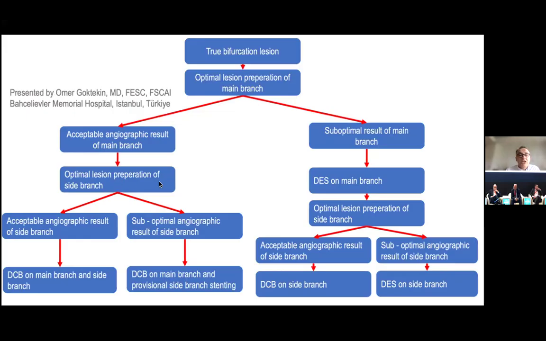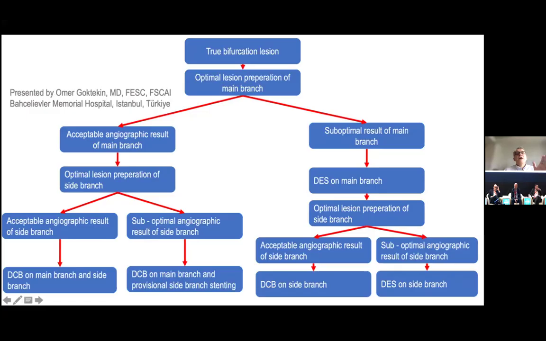Let's go to the side branch, and before doing DCB, we do preparation of the side branch. If the side branch is acceptable, this is very good. Then I can do DCB only for both vessels. So we do DCB on the main artery, and DCB on the side branch. This is, I think, the best option for me.